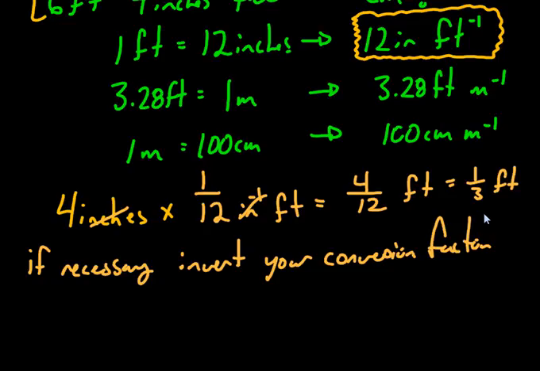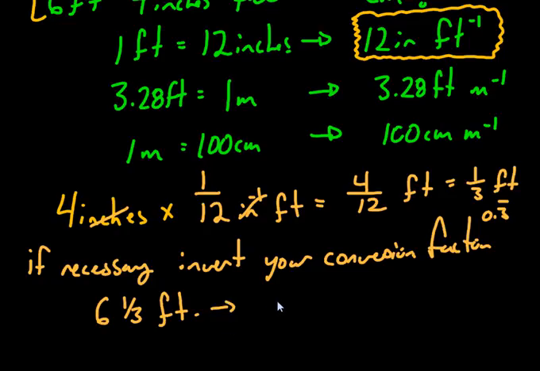Which is the same as saying in a decimal 0.3 repeating. Okay? So 6 foot 4 inches is like saying 6 1/3 feet. So now we've got rid of inches and we're just speaking in the language of feet. Does that make sense, what we did there?